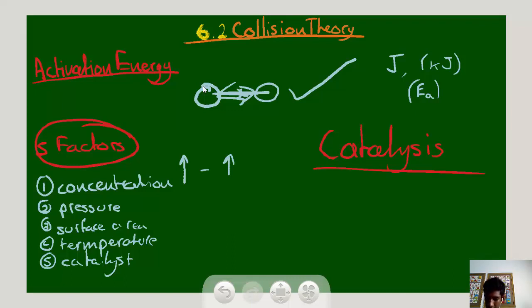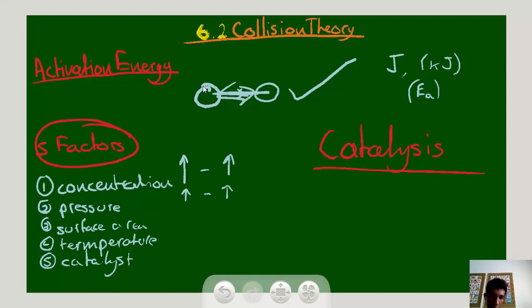Pressure is, of course, the measure of density of a gas. If there's a high pressure, there's a lot of force on the gaseous particles, which would also lead to stronger, heavier collisions, and likely a higher rate of reaction.